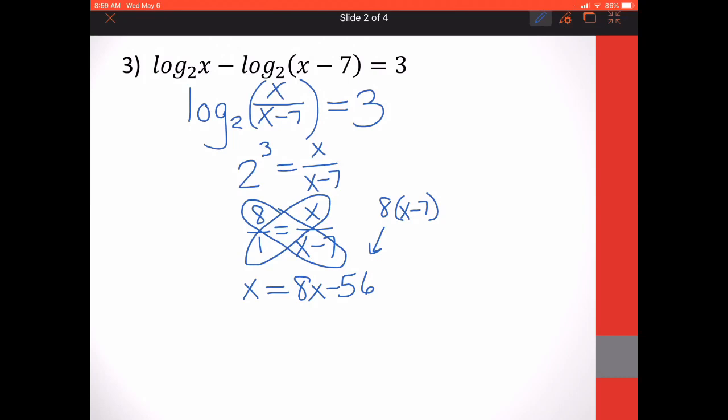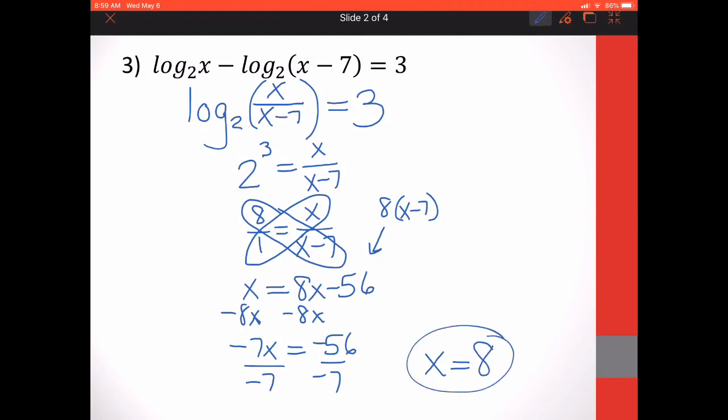I have an x on both sides, so I'm going to get rid of one of them. So we have negative 7x equals negative 56. Divide both sides by negative 7, and x equals 8. And you can plug it back in and make sure that it gives you a true statement, and it will.